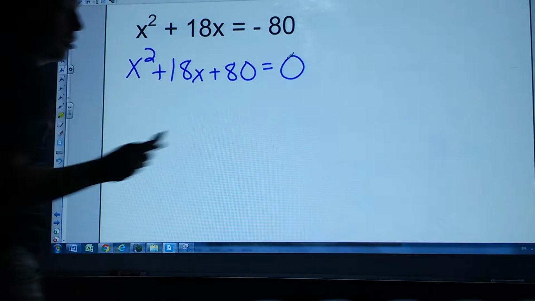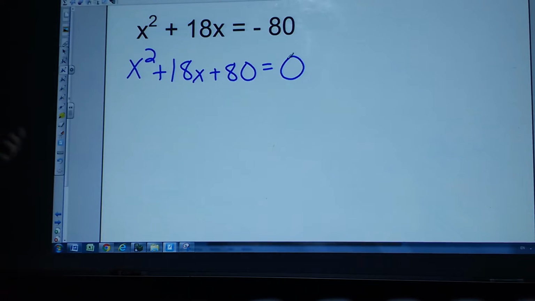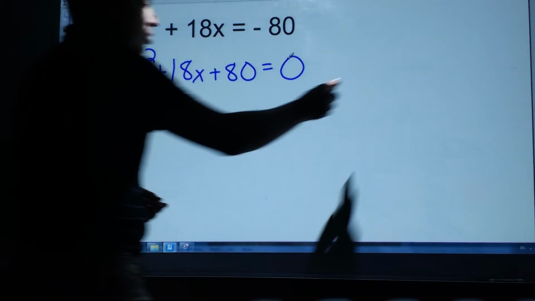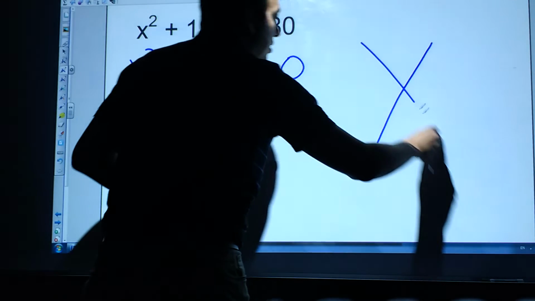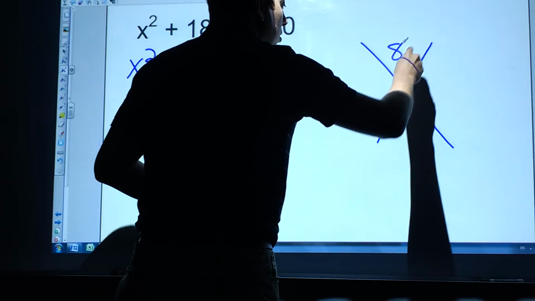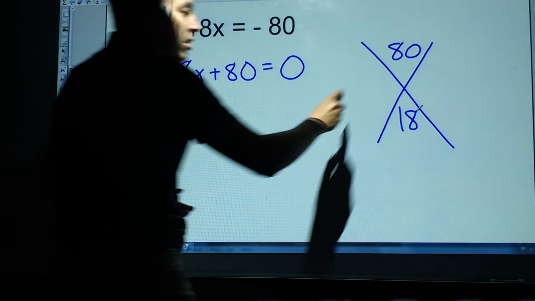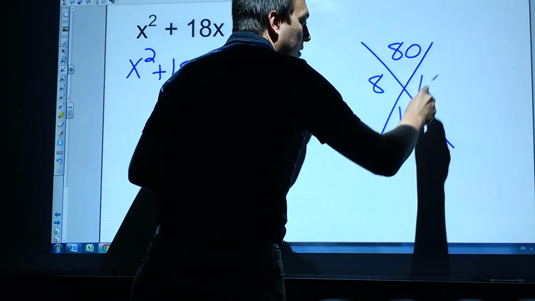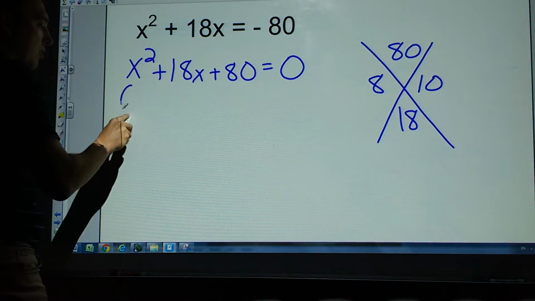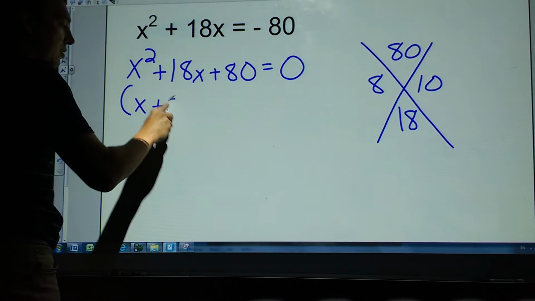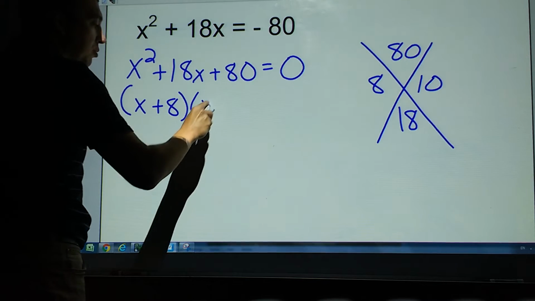Next, I'm going to look to factor. This time it's not a GCF, but it's the x games. So, it's what multiplies to give me 80 and combines to give me 18. I believe that is 8 and 10. So my two parentheses are x plus 8 and x plus 10.